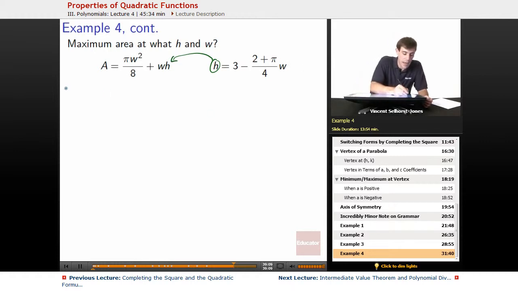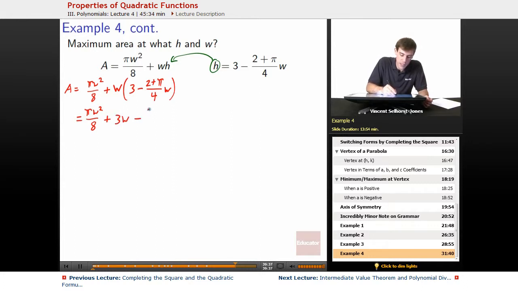So we've got area equals pi w squared over 8, that's still the same thing, plus w times h, so w times, what's h? 3 minus (2 plus pi) over 4 times w. We expand that out, and our area is equal to pi w squared over 8 plus w times 3 minus (2 plus pi) over 4 w, so we get 3w minus, and let's keep it as (2 plus pi) over 4, and it just combines with that other w.